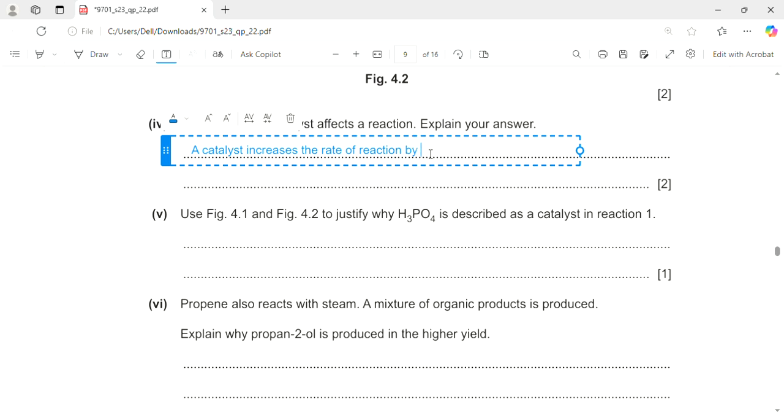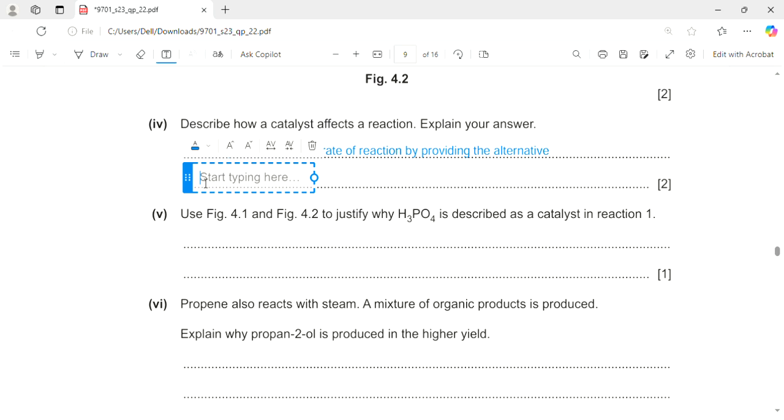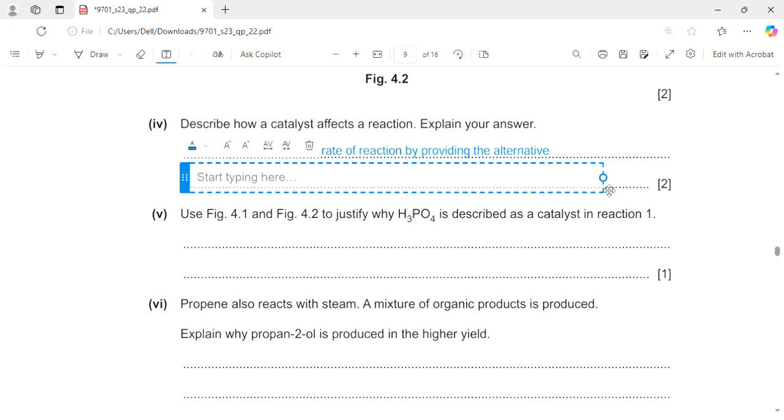By providing the alternative route by lowering the activation energy.